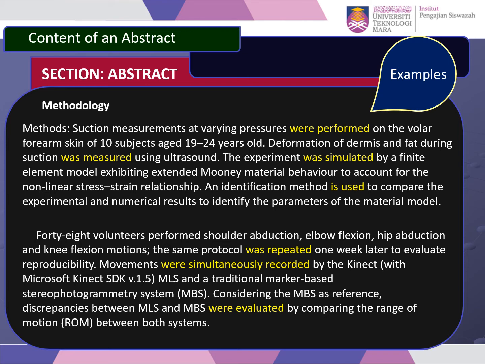Now in an abstract, we also describe the methodology. The first one I took from a journal where they have the title Methods. So you can see that. Now what can you observe? Basically the sentences here use the passive form, not the active form: were performed, was measured, was simulated, is used, was repeated, were simultaneously recorded, were evaluated.